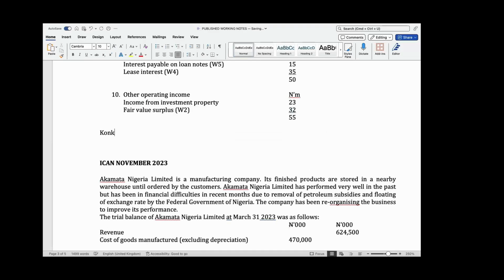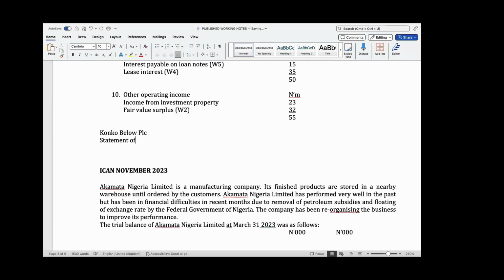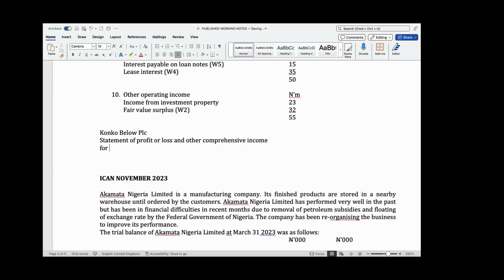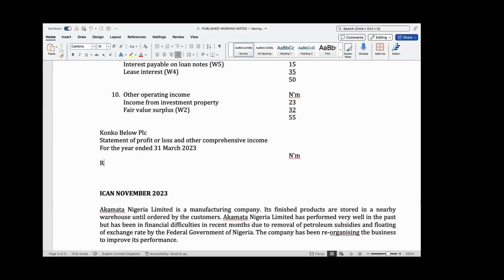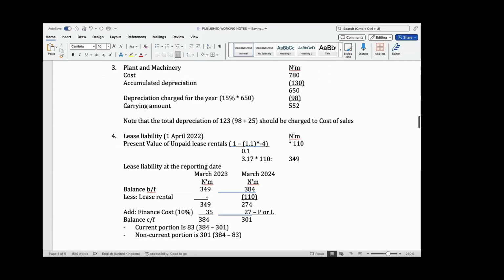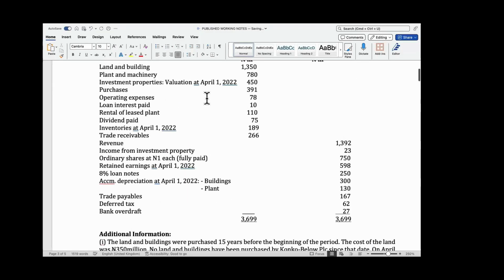Now, go below. PLC, statement of profit or loss and other comprehensive income for the year ended 31st March 2023. So I start with my revenue from my trial balance, which is 1392.